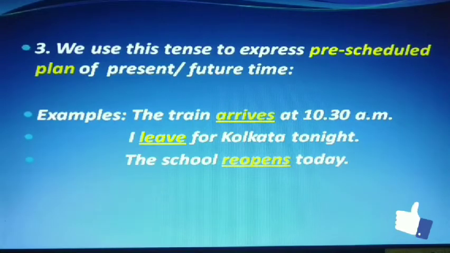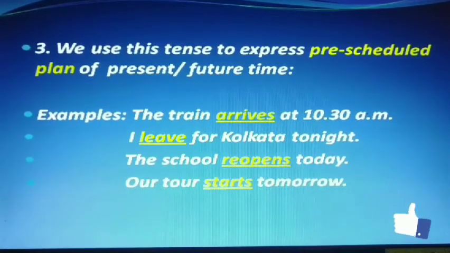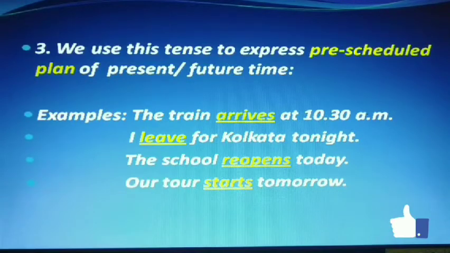The school reopens today. Our tour starts tomorrow. In all these sentences, you can find that everything is scheduled, everything is pre-planned, everything is pre-decided. And everything is going to happen next, not now, at this moment. But we use simple present tense to indicate those things.